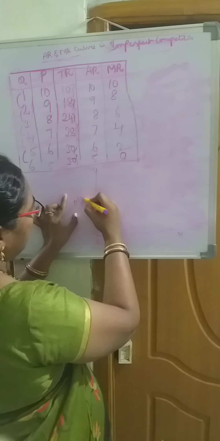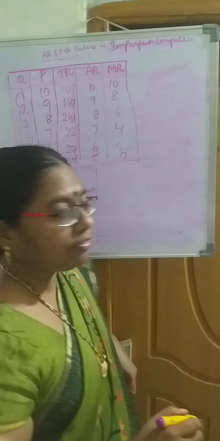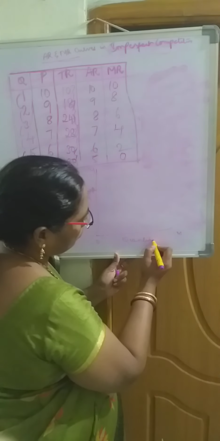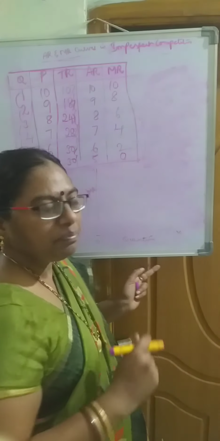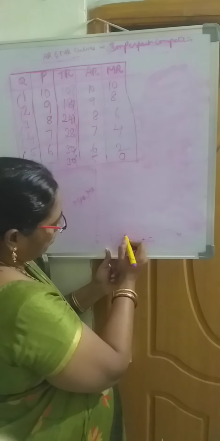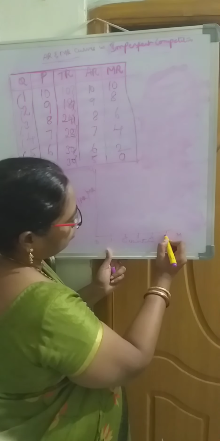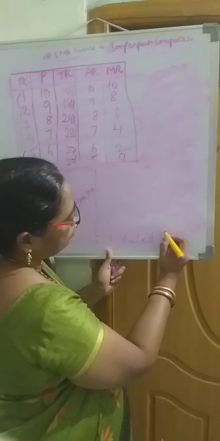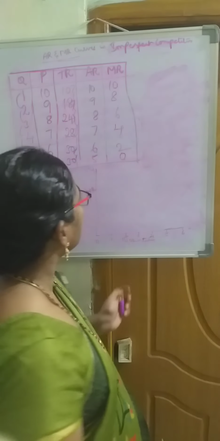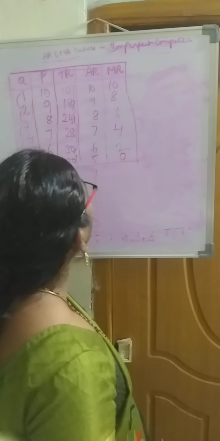Price, average revenue, and marginal revenue on the y-axis, and quantities sold on the x-axis. So how many quantities have we taken? 6. 1, 2, 3, 4, 5, 6. And we are not going to draw total revenue.